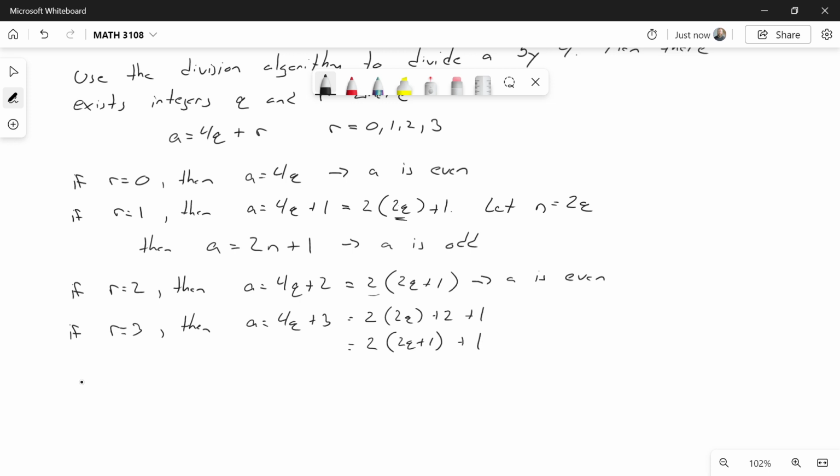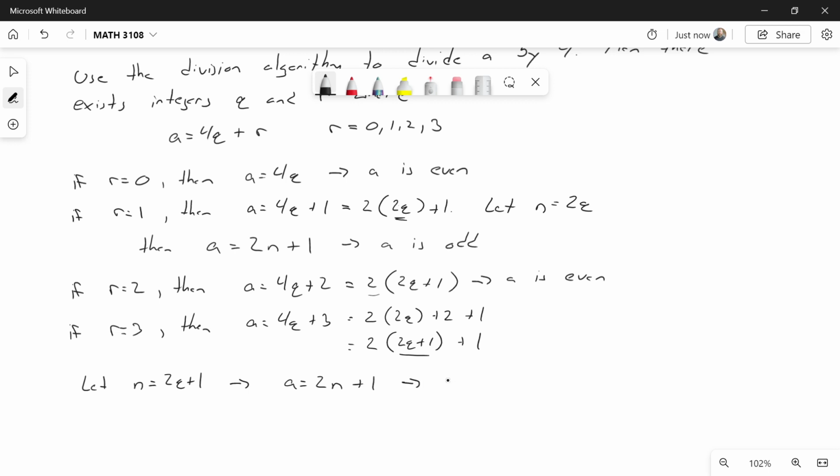So now we let n be 2q plus 1, and this gives us that a is equal to 2n plus 1, which again has exactly the same form for an odd number.